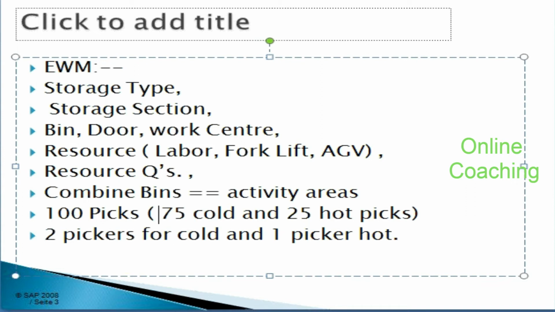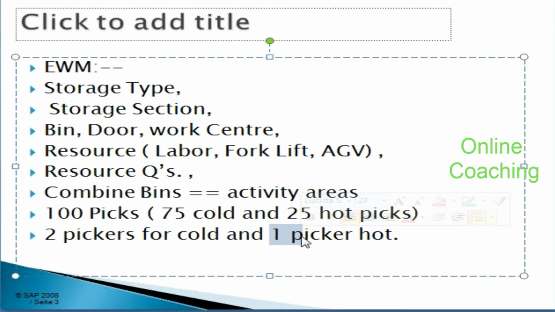So automatically these 75 cold picks should be available in the work of these two pickers, and these 25 hot picks should be available only to the other picker for hot. Is it clear now? These 75 can be completed by either of these pickers, but these 25 have to be completed only by this picker. So I have to assign the work automatically to them. That's nothing but called the resource queues.